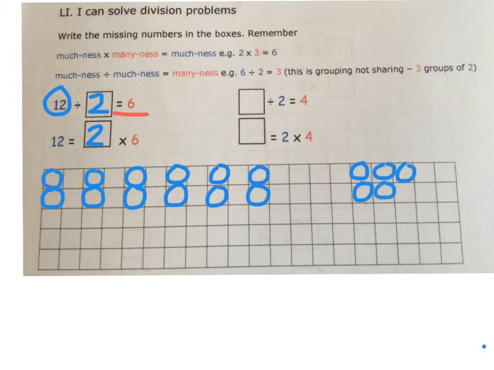If I've got 4 parts of 2, you can see my manyness. 1, 2, 3, 4 parts of 2, which tells me that I've got 2 times 4 equals 8. So 8 divided into parts of 2 equals 4.